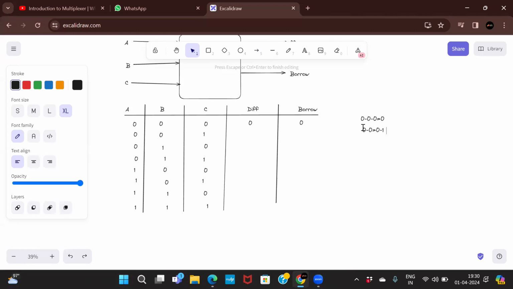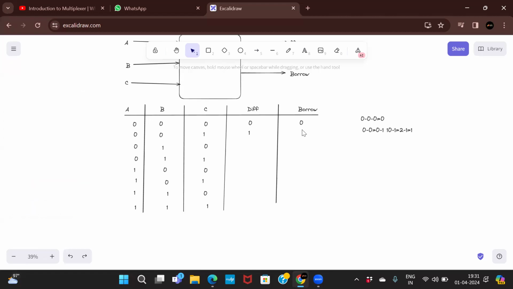So what is the functionality? 0 minus 1 is not possible. We can't keep minus 1 in binary form, so just take one borrow. So I'm considering 10 minus 1, that is 2 minus 1 equals 1. So we'll get difference as 1 and borrow as 1.